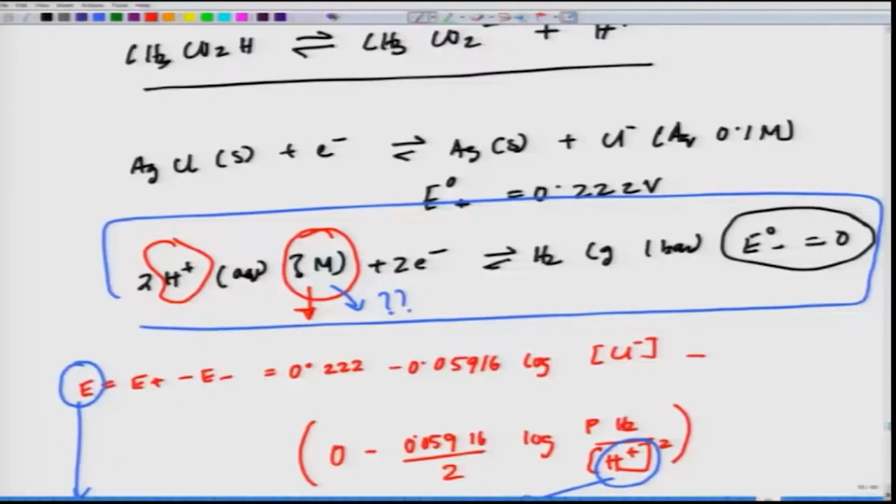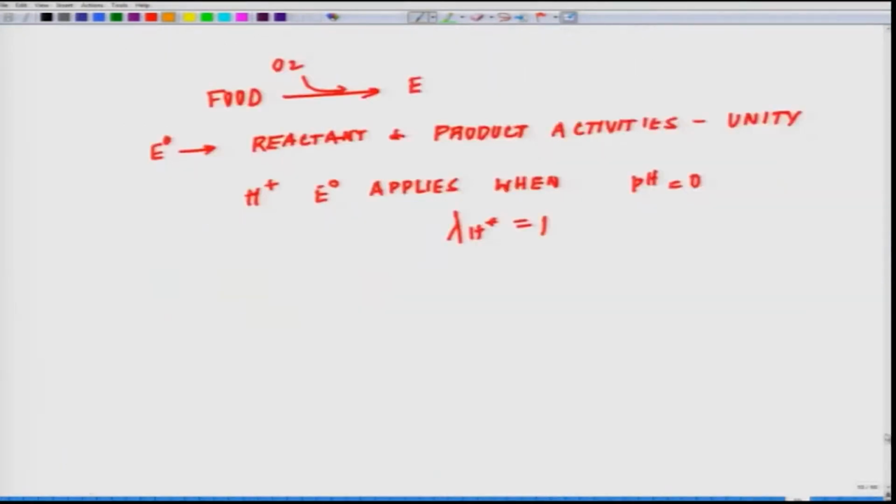But think of a situation like the one in the last class, where one of the key contestants is this. As soon as you have H plus ions coming into play, the game changes, because it shifts the pH, and then the dissociation, association, all the activities go for a toss.